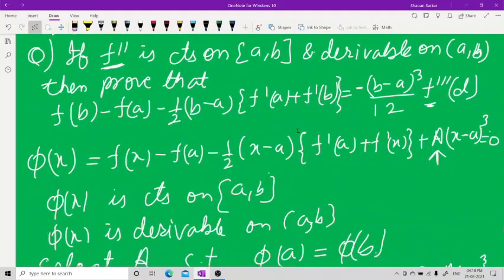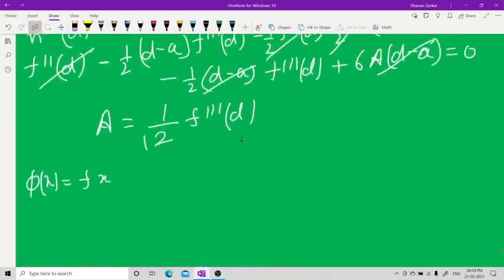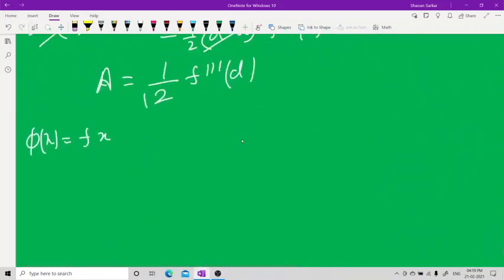Wait, this is the question. Now phi(b). You can take this as 0. Now you can see from this equation, you can put a here. Okay, fine. Wait, phi(x) is f(x).